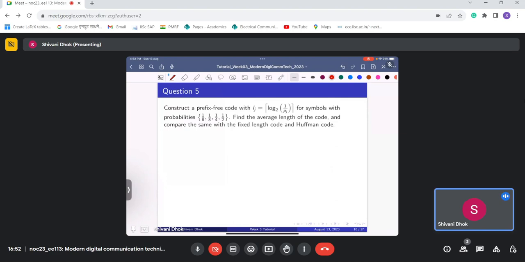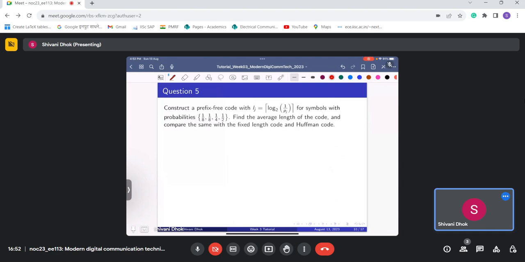Then we'll apply the Huffman algorithm to find the code words, and compare the lengths with both of these. One more thing we'll do, we'll find the entropy also, in order to understand how close we are to the minimum possible length.